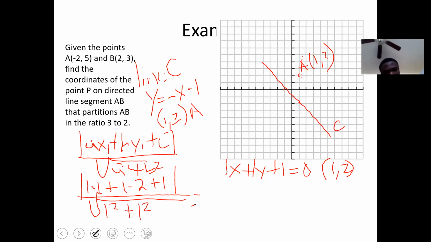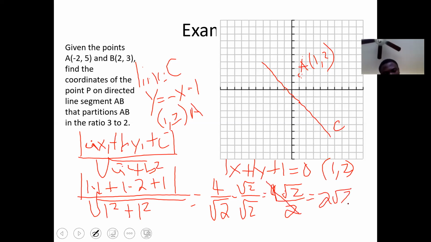And then that 1 times 1 is 1 plus 2 times 1, which is 2, that's 3. 3 plus 1 is 4. So we got 4 over the square root of 2, okay? We have to rationalize that square root of 2. And what we have is 4 square root of 2 over 2. That cancels to just be 2 square root of 2. Okay. And that's how that works.